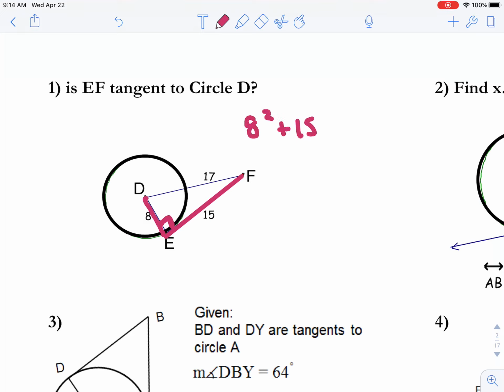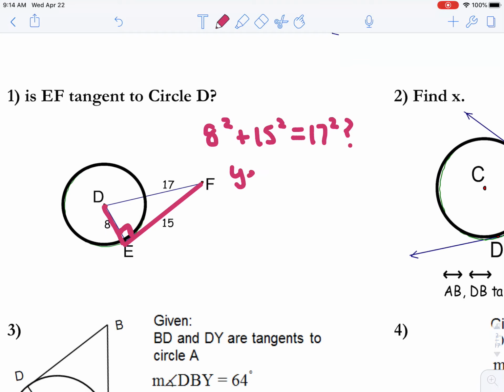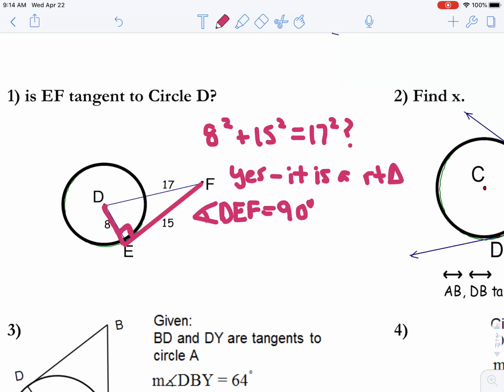So we have 8 squared plus 15 squared equals 17 squared. Well, we know that's one of our Pythagorean triples, so yes, this is a right triangle. So that means angle DEF equals 90 degrees.